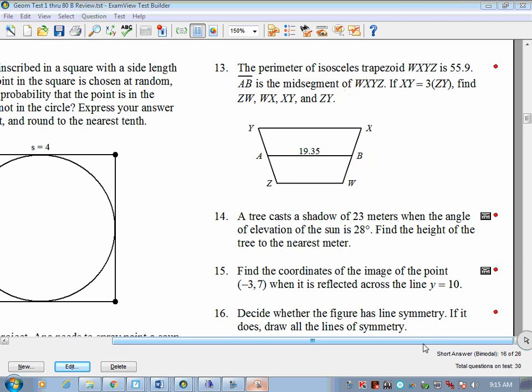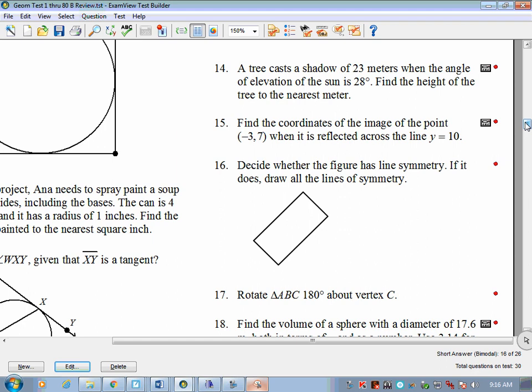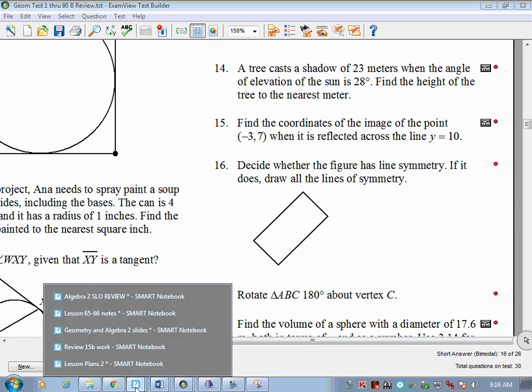All right, 15. Find the coordinates of the image of the point -3, 7 when it's reflected across the line y equals 10. That's tough. Okay, let's see if I've got a good place to do this from.